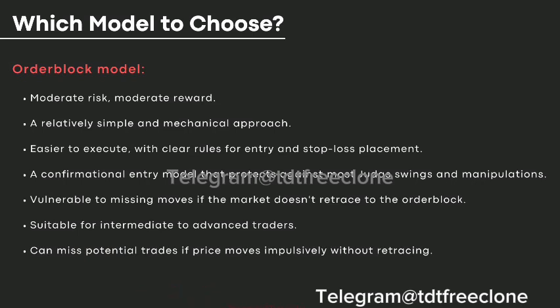Now, the only downside of the order block model is that it relies on price retracing to the order block, which does not always happen, right? If the market moves impulsively or explosively from the candle range or the key level, then you could miss out on some big moves, right? That's why it's the only downside of this model.